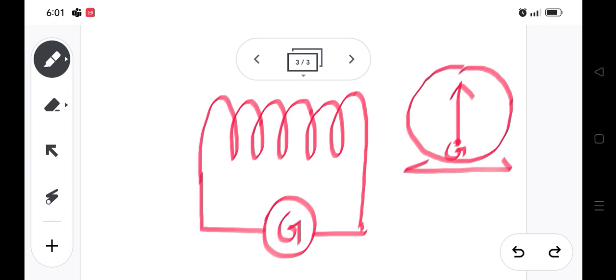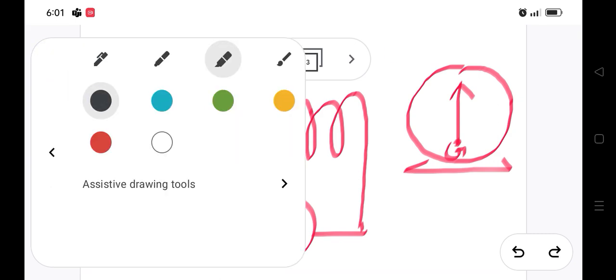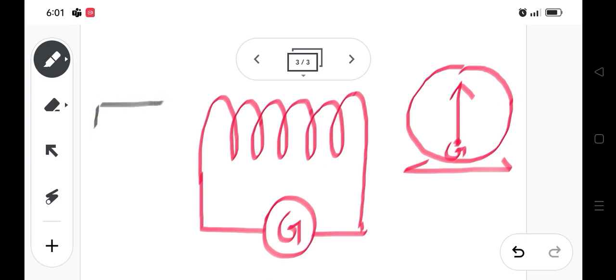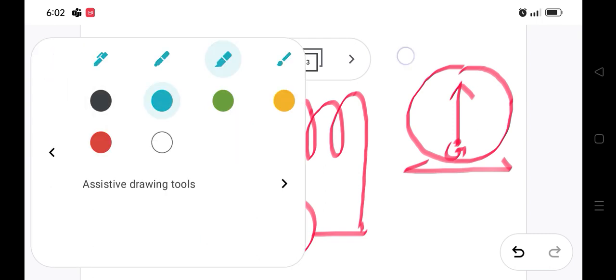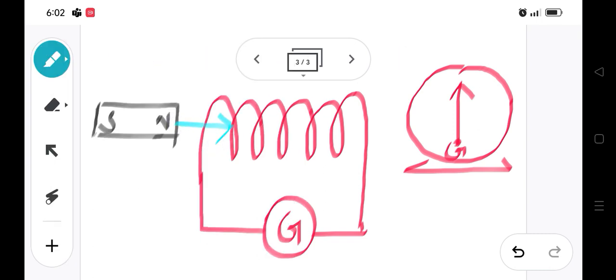Then we have a bar magnet with this one. First of all, we are inserting this bar magnet into this solenoid. While we are inserting it, we could see that the galvanometer needle deflects in this direction. It means current flows in this direction.